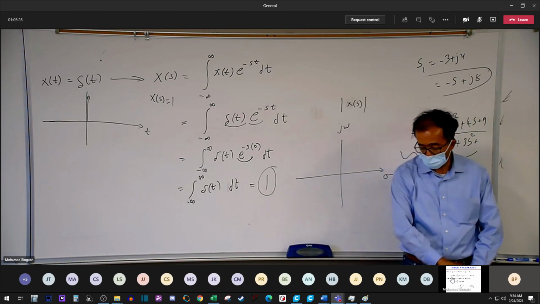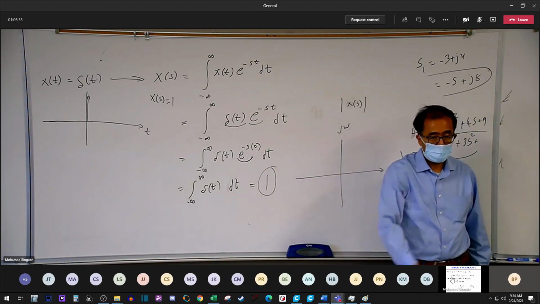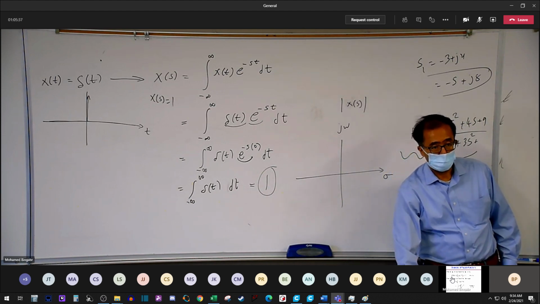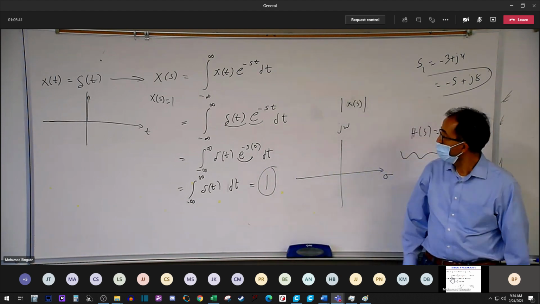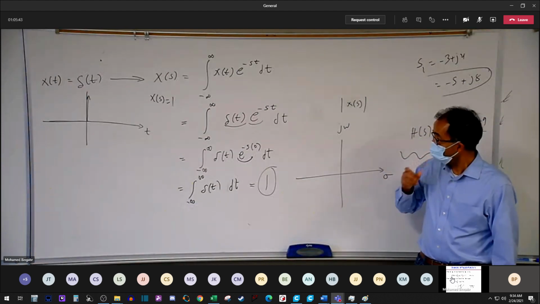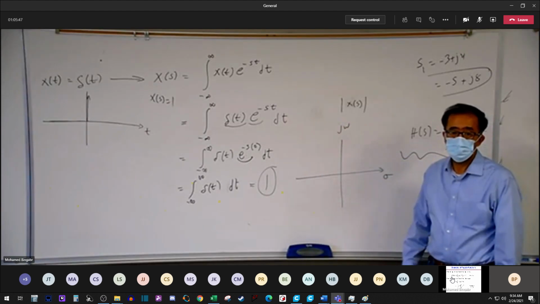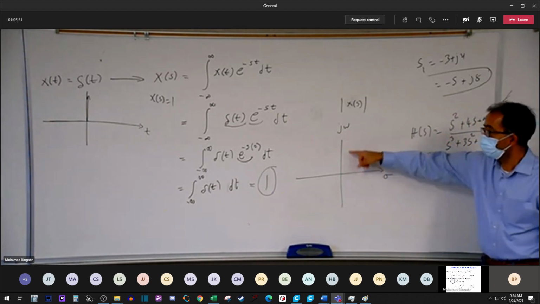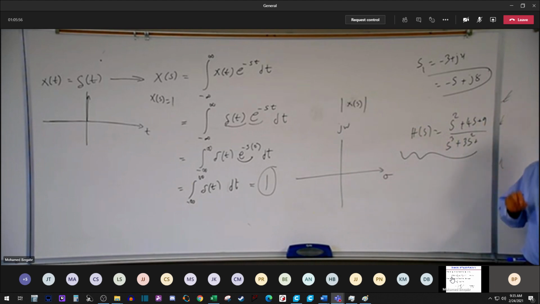So the frequency content is just a plane, one unit up from the floor, an infinite plane. That means the impulse has all frequency content: DC, 1 hertz, 2 hertz, 3 hertz, and all fluctuations. From a simple impulse.